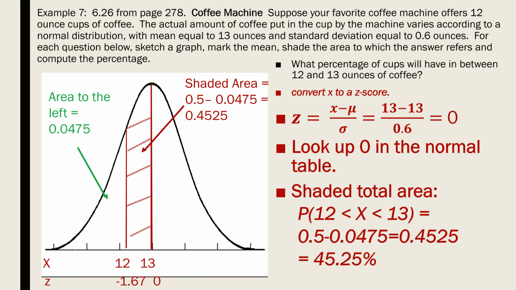Here is another type of question you may be asked during your exam too. What percentage of cups will have in between 12 and 13 ounces of coffee? So first step, we convert x to a z-score. First, we convert the z-score for x equals 13. According to this formula, the z-score corresponding to x equals 13 is 0.